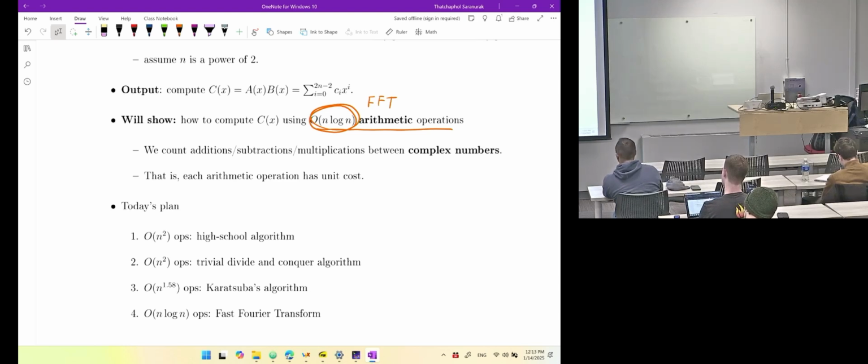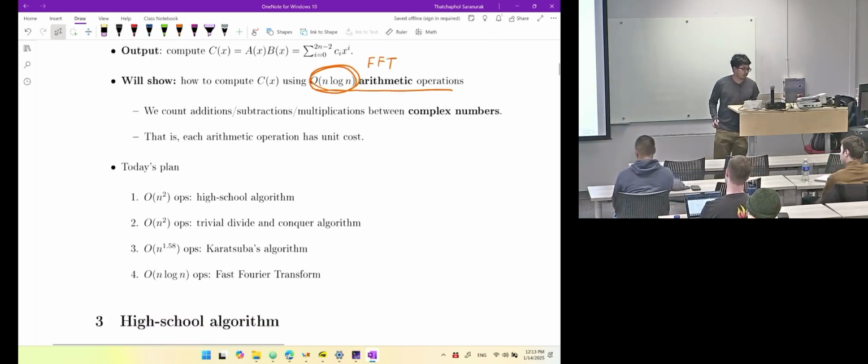At first, you don't get any improvement. It's just an n squared algorithm as well. But then with one insight from Karatsuba, you can improve n squared to something like n to the 1.58. So that's not the best. And at last, we're going to see how to improve it all the way to n log n. Okay, so that's the plan.